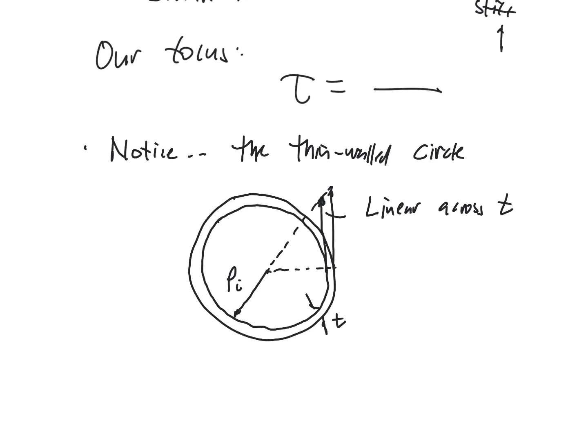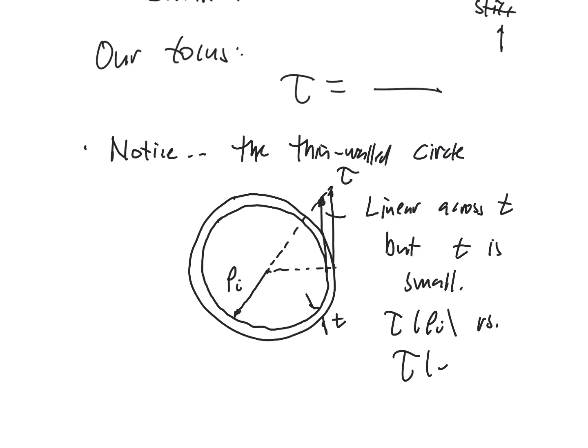So the shear stress is linear across the thickness. This is the value of tau. So the shear stress varies linearly, but notice T doesn't change that much. But T is small. And so if we compare tau at rho sub i versus tau at rho sub i plus T, they're close.